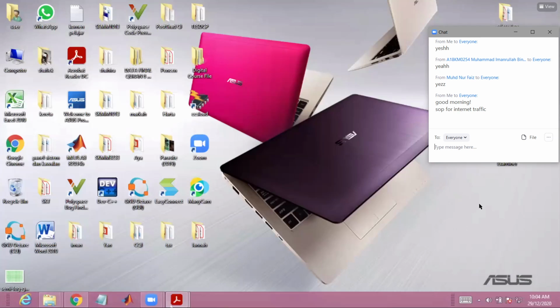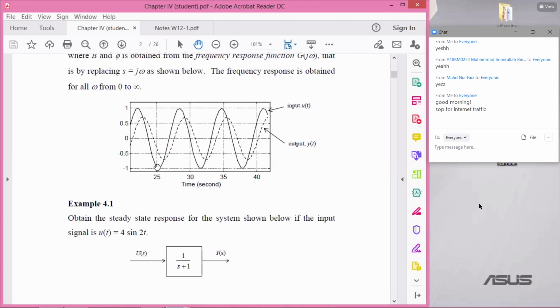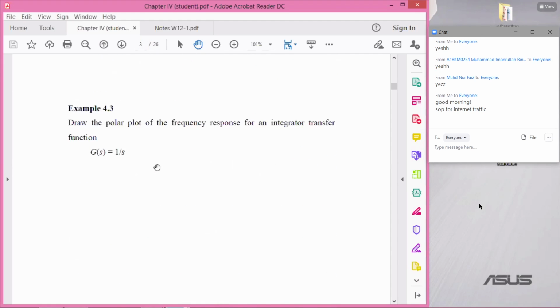Okay, so today we are going to continue our discussion on this frequency response analysis. We are done talking about the Nyquist diagram. If you don't really get what we were discussing, if you're not really comfortable with how to compute, for example, phase margin or gain margin and things like that, you're going to have a second chance, because today we are still on frequency response analysis, but we are going to migrate from the Nyquist diagram.